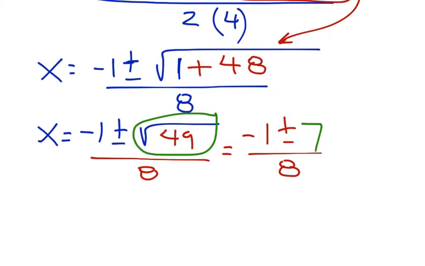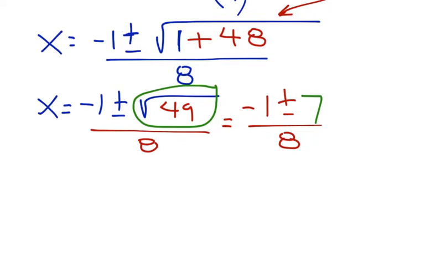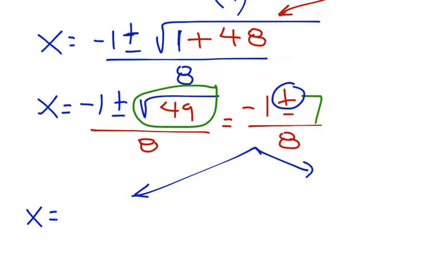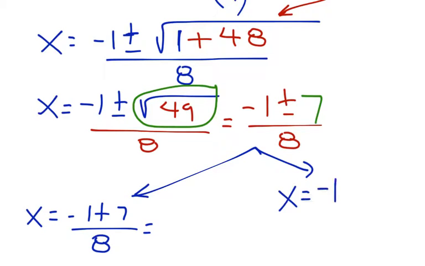That means I'm going to have two answers. One of the answers is going to be with a plus, and the other answer will be with a minus. So I'm going to have -1 plus 7 over 8. The other answer will be x equals -1 minus 7 over 8.